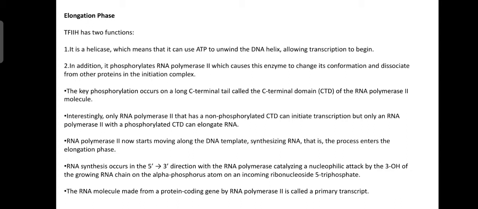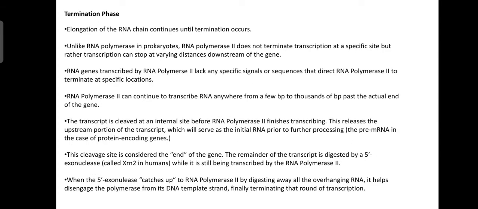The RNA molecule made from a protein coding gene by RNA polymerase II is called the primary transcript. Okay, it is called the primary transcript. This is the elongation phase. Then the last phase is the termination phase.